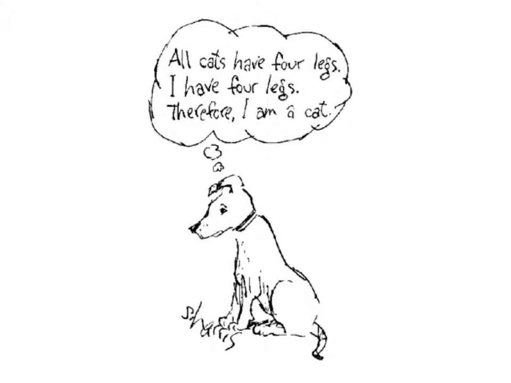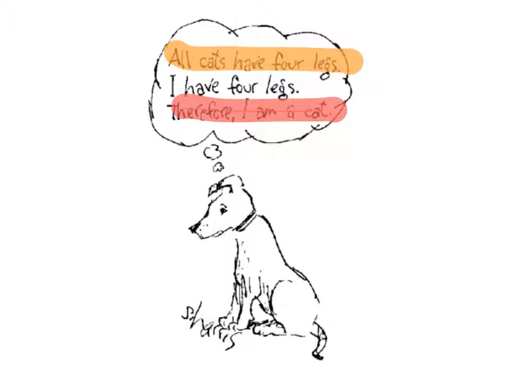Here we have a statement. All cats have 4 legs, right? Then I have 4 legs, therefore I'm a cat. So I started from a statement, a conjecture, and ended up with a conclusion. I started with a statement or a theory or a principle, and then I collected data, observation, research, and so on.